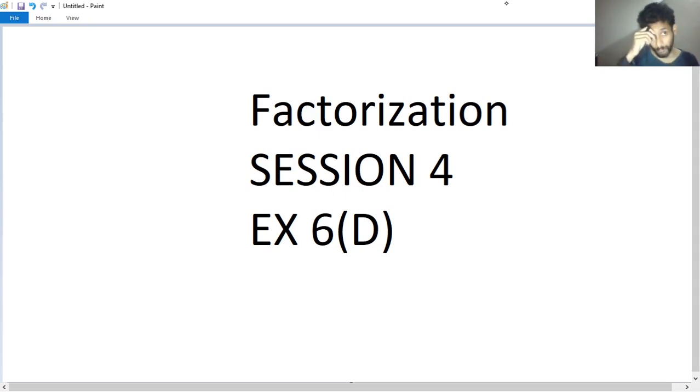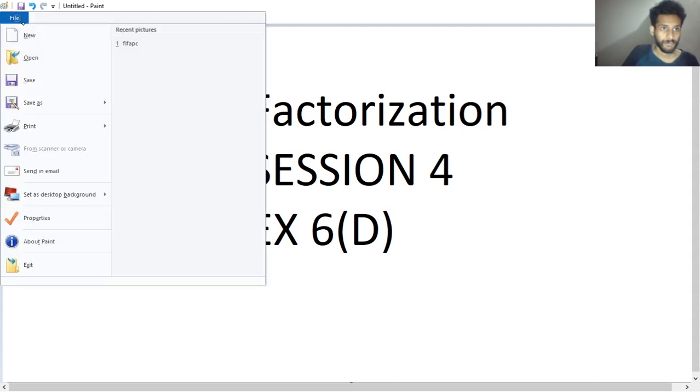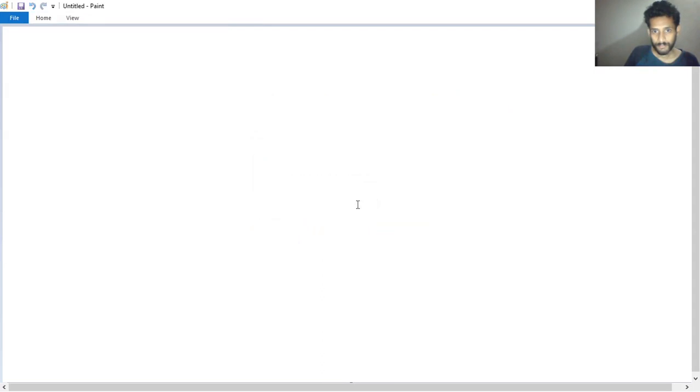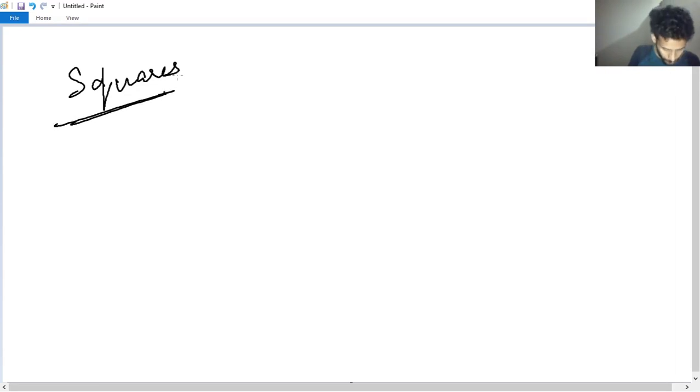Now before starting this exercise, first of all, we will understand what squares are.